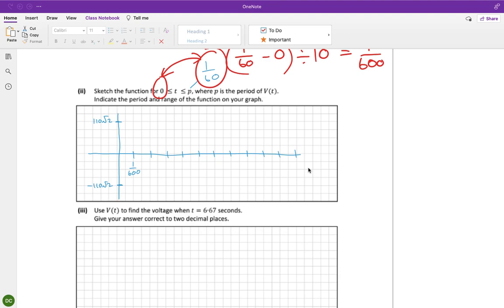So it tells me 0 is 0, and then 1 over 600 apparently is 91. So if that's 150, half 150 is what? I can't even do that anymore. 75, so it's going to be like here somewhere. And then the next one is 147, so it's going to be quite high. But there.